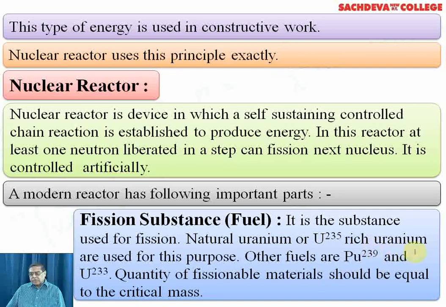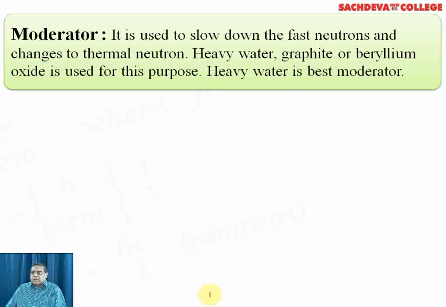Other fuels are plutonium-239 (94), which we can say is rather more fissionable, and uranium-233. The quantity of fissionable material should be equal to the critical mass, that is 10 kilograms, and plutonium-239 and uranium-233 are synthetic fissionable materials.